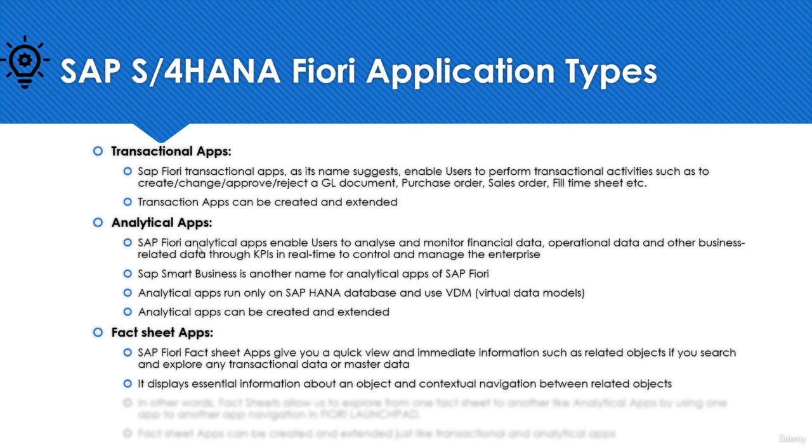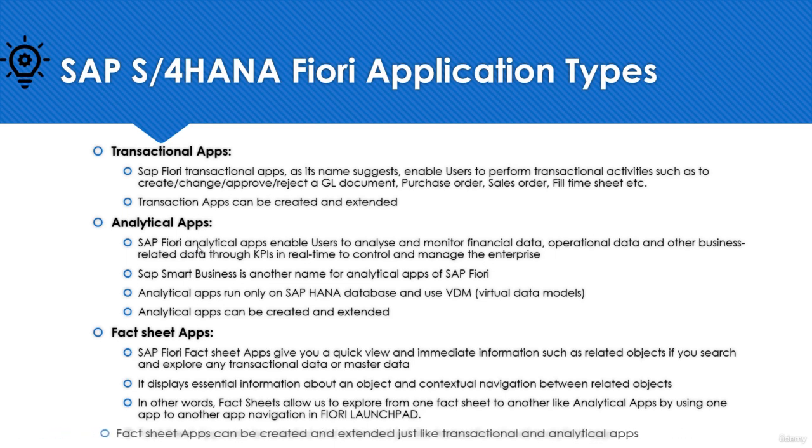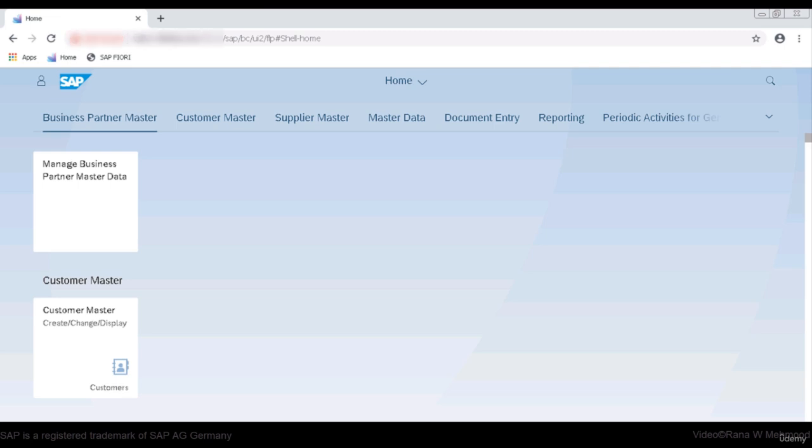In other words, fact sheets allow us to explore from one fact sheet to another, like analytical apps, by using one app to another app navigation in Fiori Launchpad. Fact sheet apps can be created and extended just like transactional and analytical apps. I will show you the example of fact sheet apps in SAP Fiori.